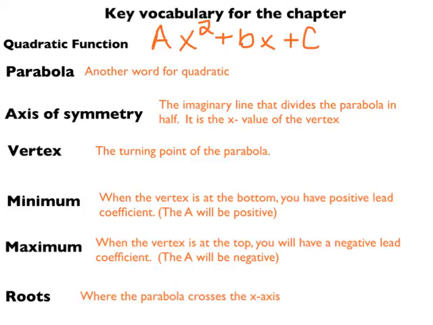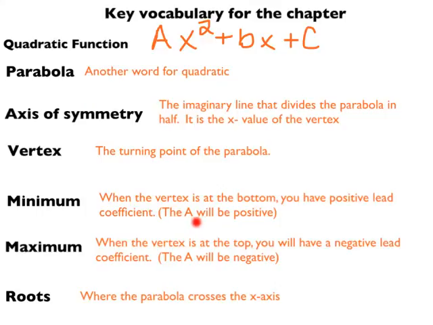Alright, I would like to wrap up with some key vocabulary for the chapter. The quadratic function, let's remember, is ax squared plus bx plus c. That's written in standard form. A parabola will be used for another word for quadratic. Axis of symmetry is the imaginary line that divides the parabola in half. It is the x value of the vertex. Vertex is the turning point of the parabola. Minimum. When the vertex is at the bottom, you have a positive lead coefficient.